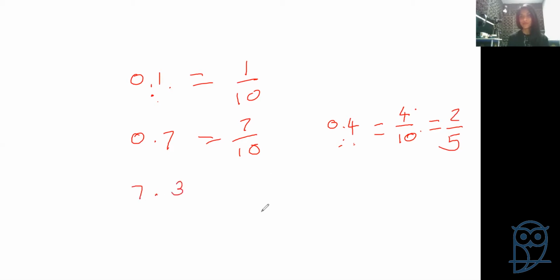What about 7.3? How will I convert this decimal number into a fraction? Firstly, when we have a number before the decimal dot, automatically we should know that our fraction is going to be an improper fraction. So we're going to have a whole number and a fraction. In this instance, 7.3 will become 73/10.